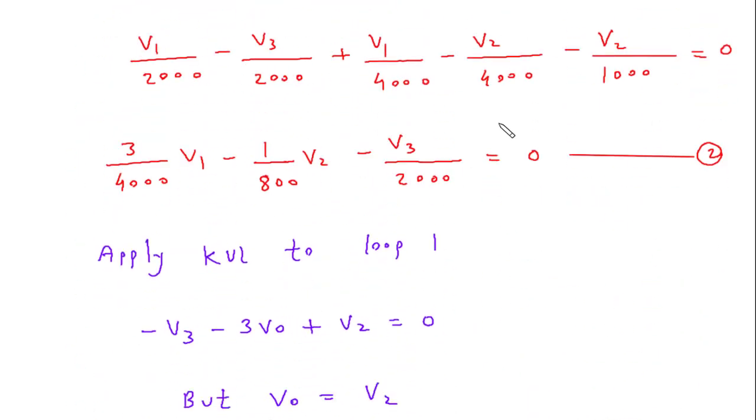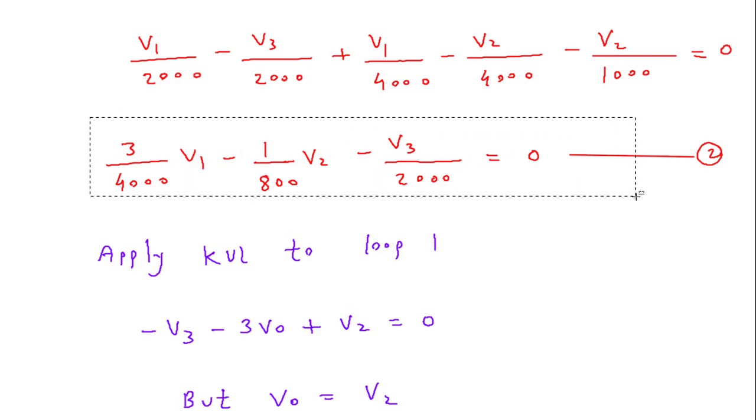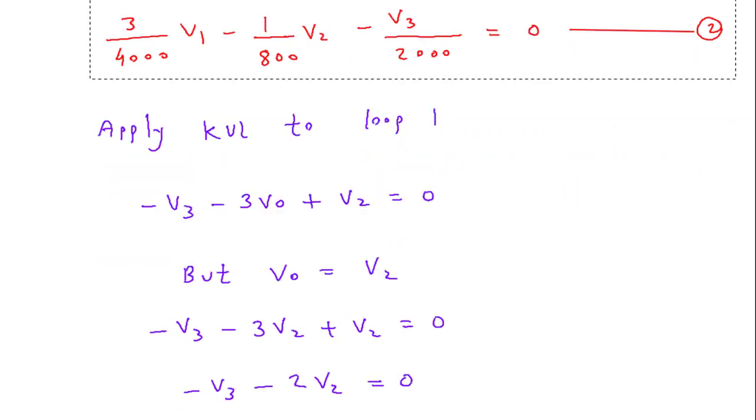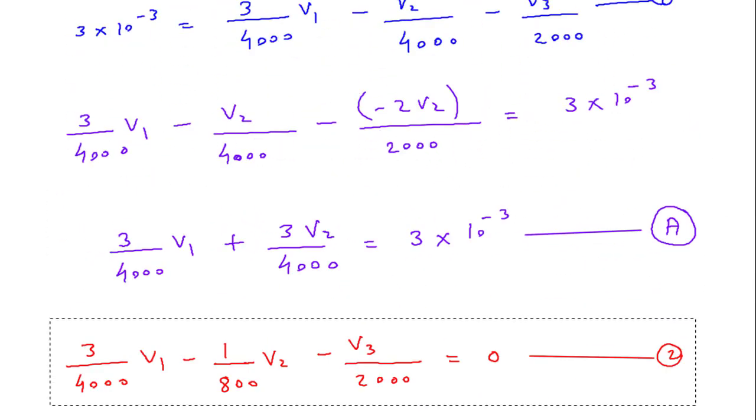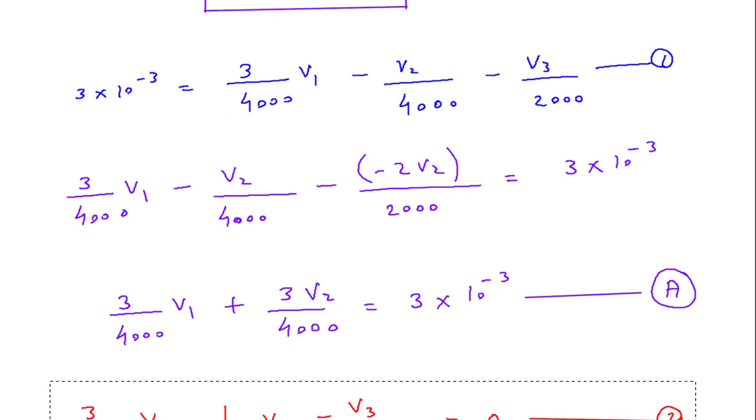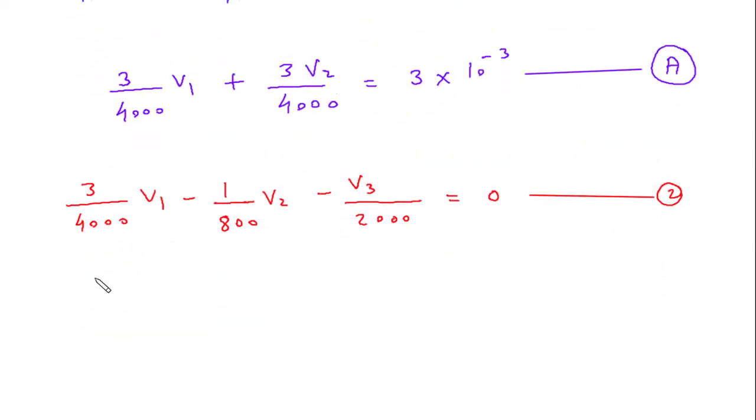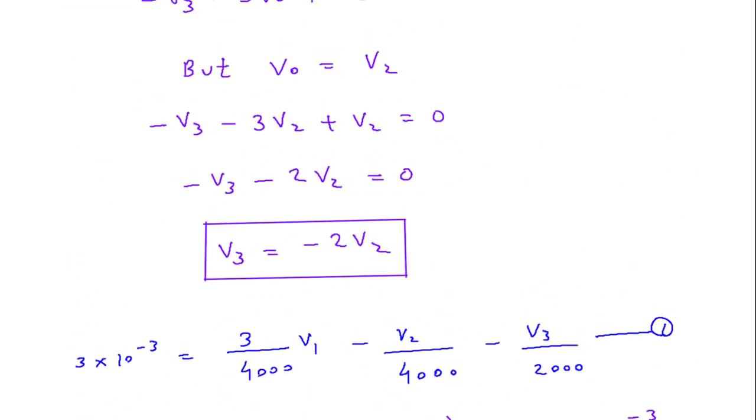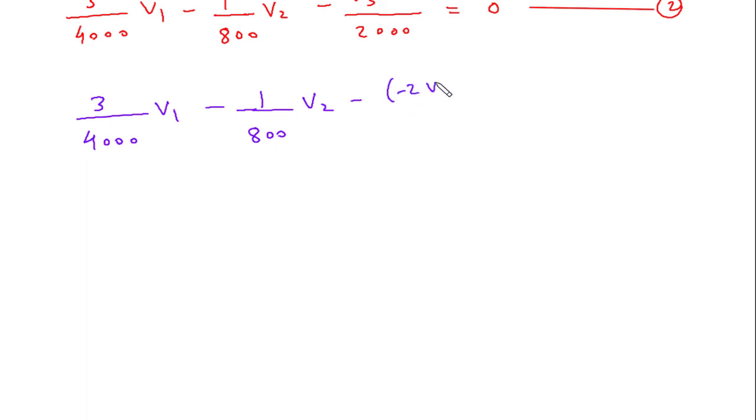Now similarly we will change the value of V3. V3 is equal to minus 2 V2. So this will be 3 by 4000 V1 minus 1 by 800 V2, minus, with V3 replaced by minus 2 V2, 2 V2 by 2000 is equal to 0.